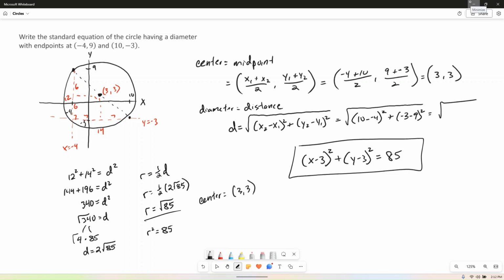So that's going to be the square root of 14 squared plus a negative 12 squared. And so that's going to be the square root of 196 plus 144. And that's going to turn out to be the same thing. It's going to give us 2 square root of 85. And then we're just going to have to divide that by 2 to get the radius. So whether you do the midpoint and the distance formula or you think about it in terms of right triangles, you still get the same thing either way.